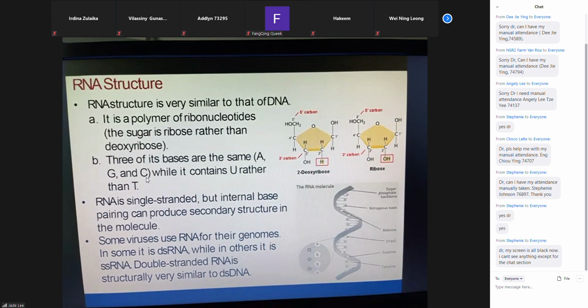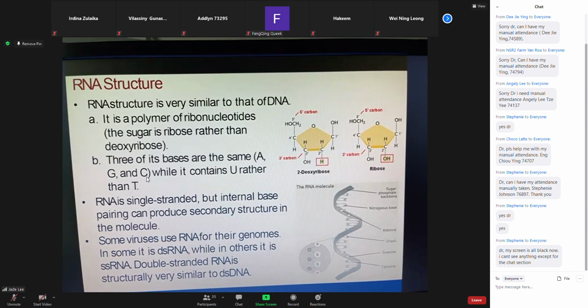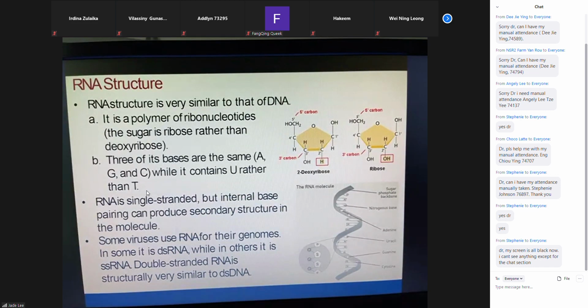Three of its bases are the same, A, C, and G, but RNA contains U rather than T. That means T is replaced by uracil. So DNA has 4 bases, which is ATCG, but RNA has 4 bases, which is AUCG.